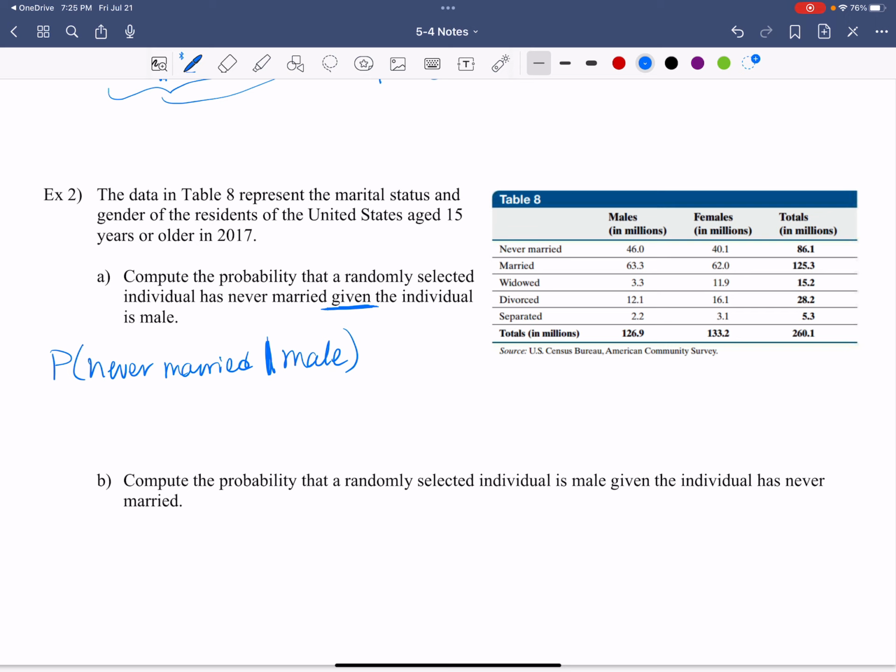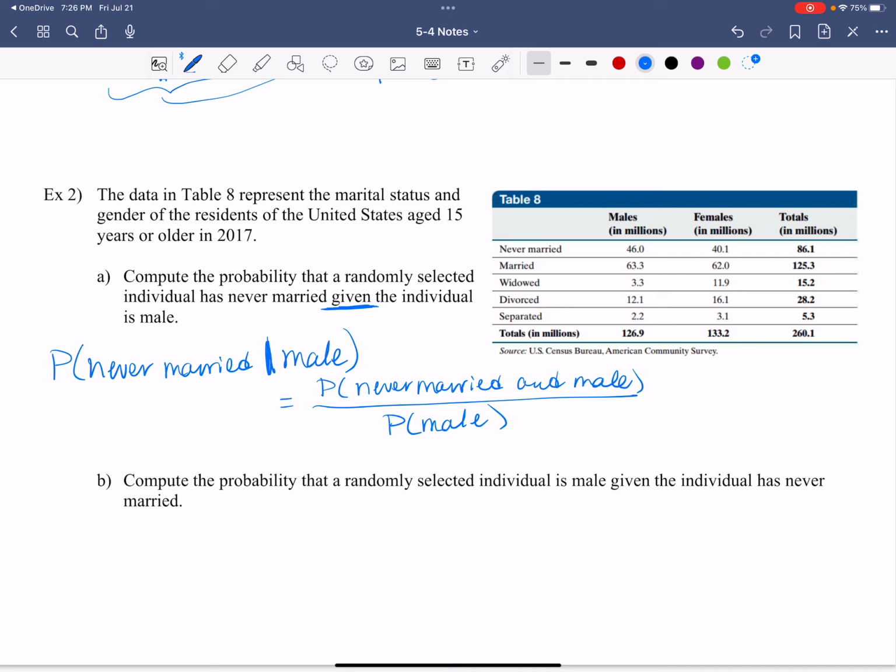So if we set this up, we have the probability of never married and male over the probability of just male. Do you see what happened there?